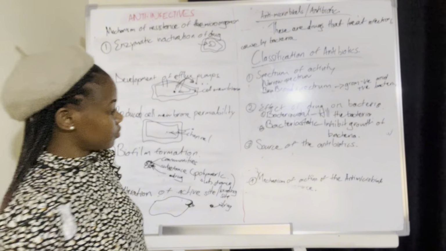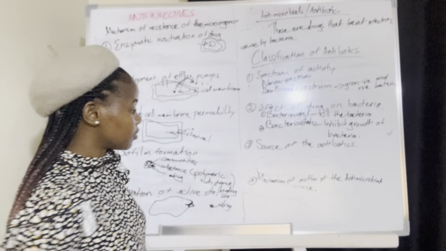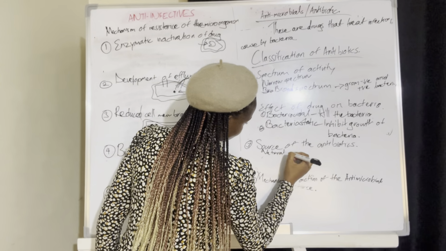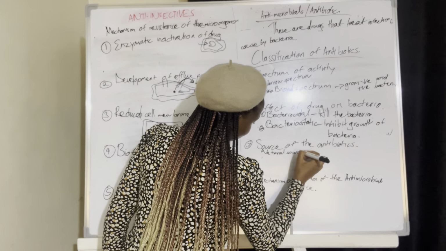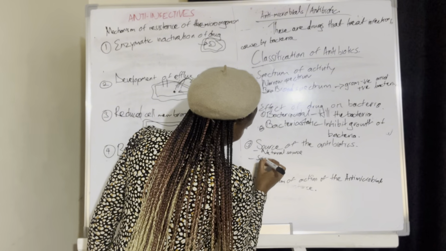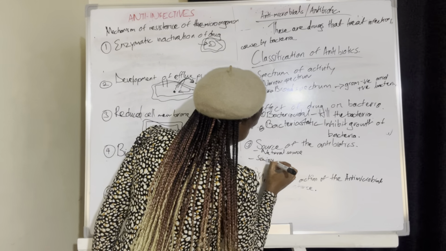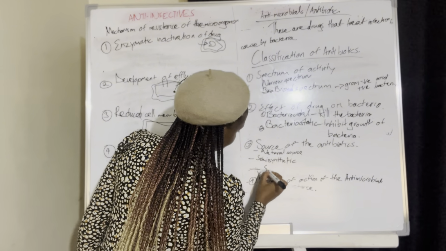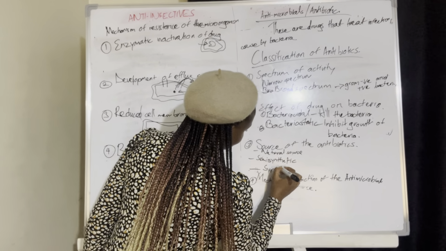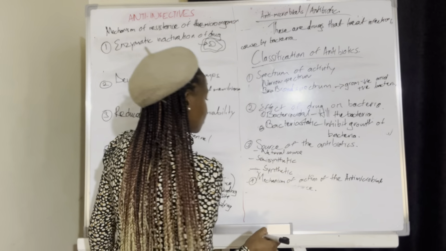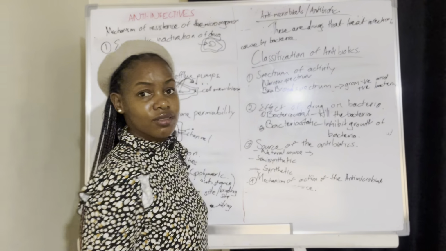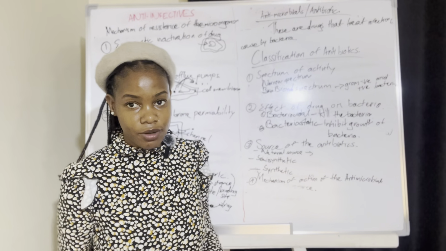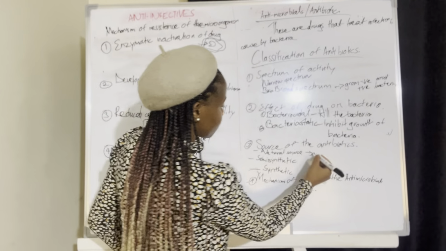Then for the sources of the antibiotics, first we have the natural source. We have the semi-synthetic, and we also have the synthetic. For the natural source, these are naturally formed from microorganisms.